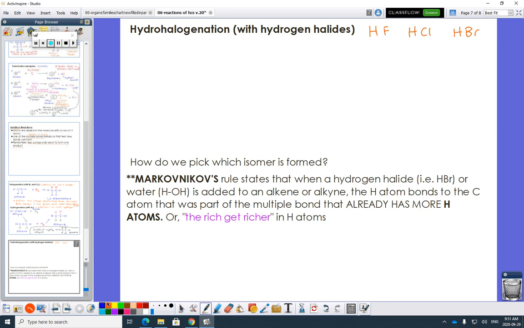So if you have something where the chain is a little bit longer and has a double bond, we'll do propene this time. Pick 2 colors, if you have.